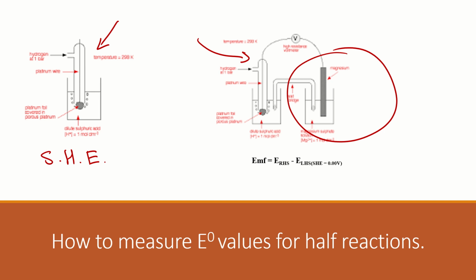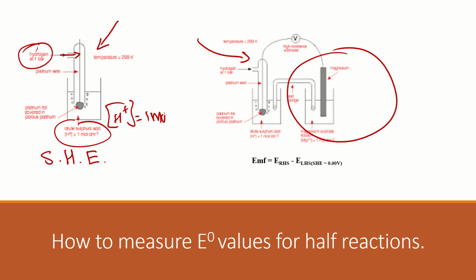This is what everything else is compared to. It's like comparing masses to 1/12 of an atom of carbon-12. That is the standard, and everything is relative to that. So we have hydrogen gas being bubbled into an enclosed vessel, usually a glass tube, into a solution of 1 mole per decimeter cubed of hydrogen ions. That's important.